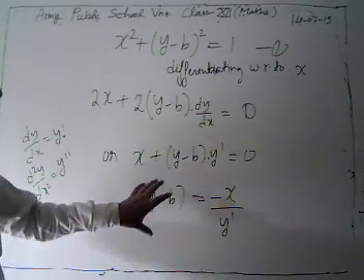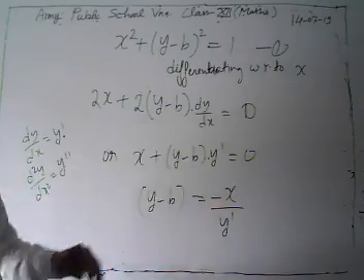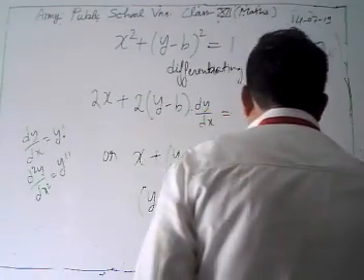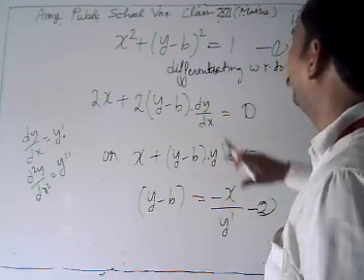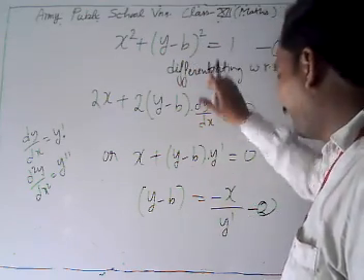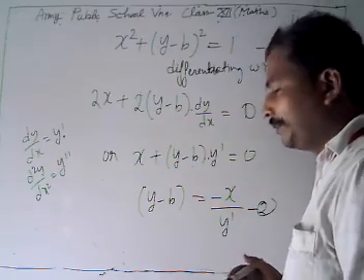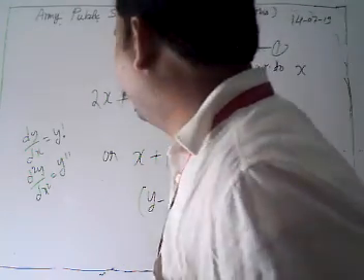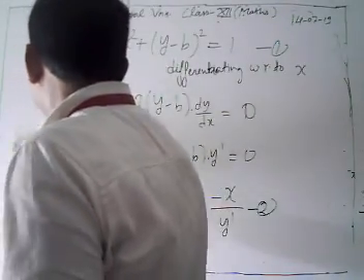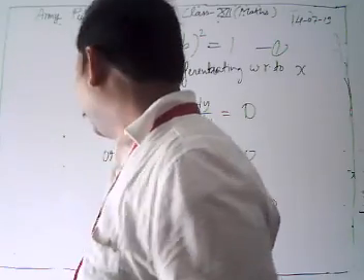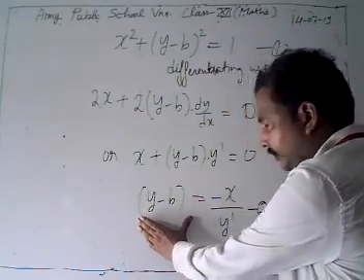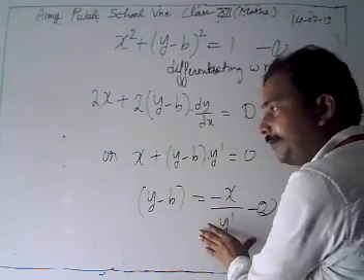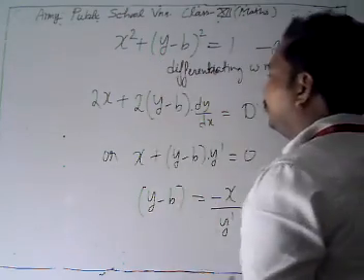We have to eliminate this constant, so we put the value of y minus b from equation 2, minus x by y dash, into equation 1.